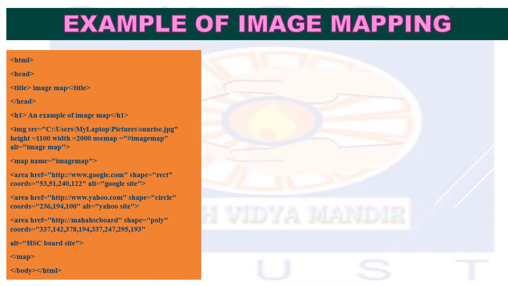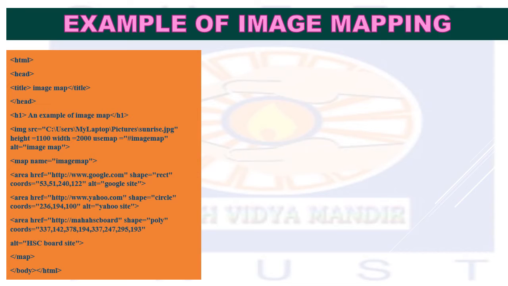Now come to the next shape, that is called the polygon. Here you can see I have given the URL, that is the Maharashtra HSC board. That means when I click on this particular shape in the hotspot of the image, it will open the HSC board site. You can see over here polygon is used, and all the coordinates of the polygon.